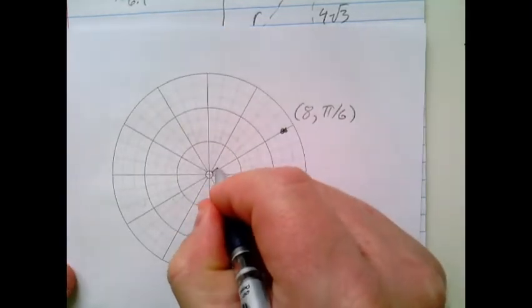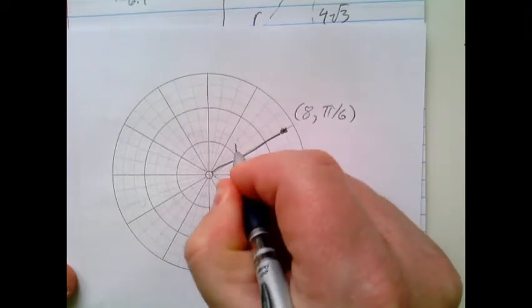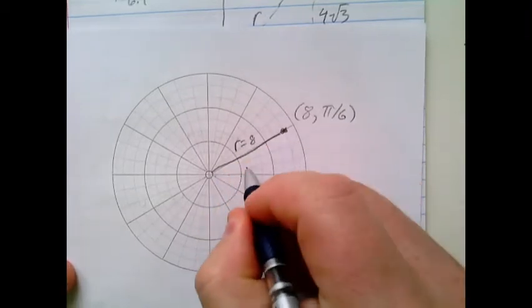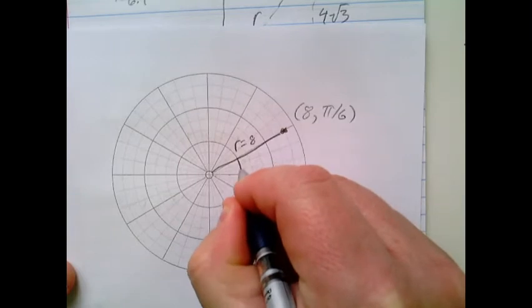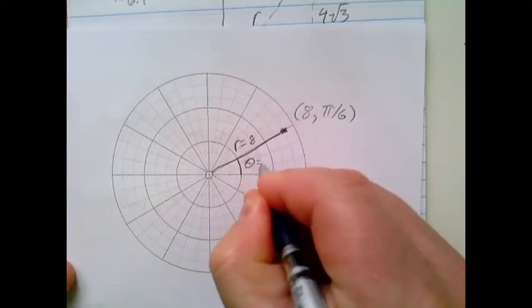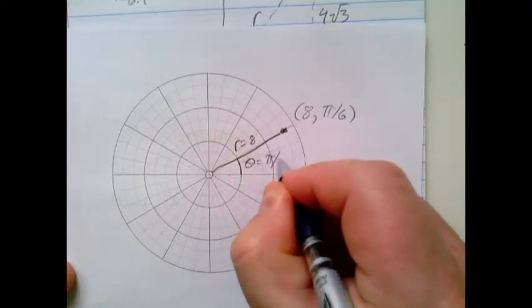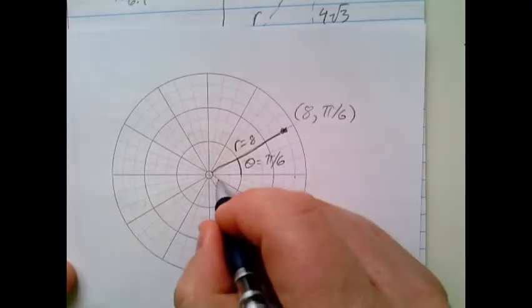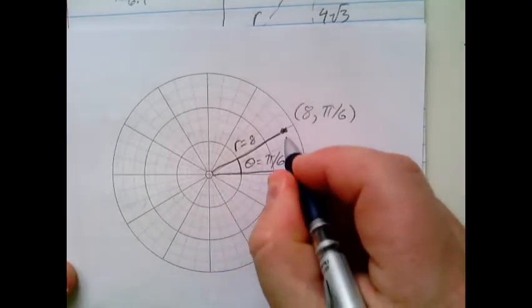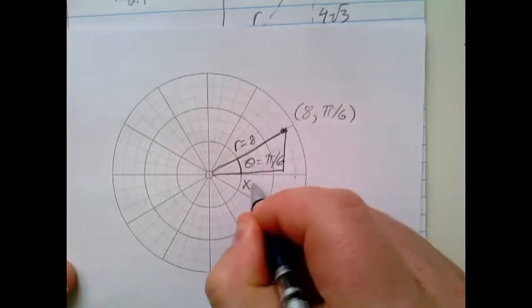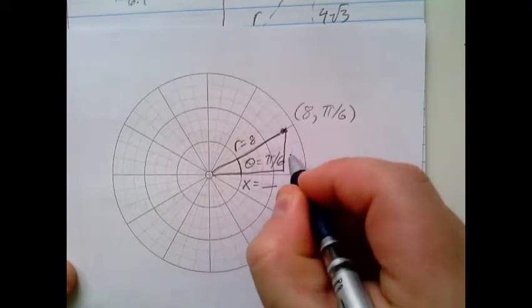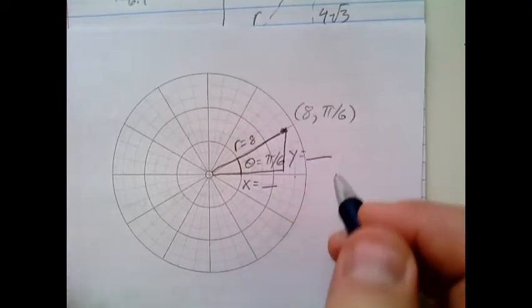Okay, we know r is 8. We know theta is pi over 6. But can we find the x and y coordinates? X equals what? Y equals what?